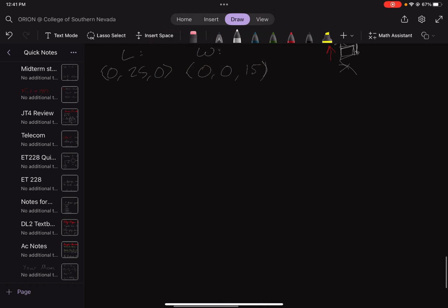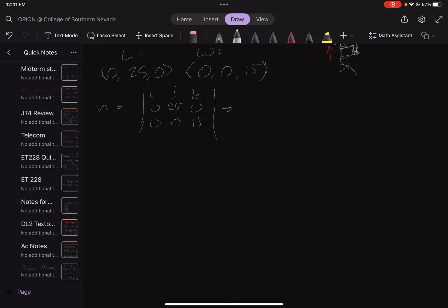We're going to do the same formula from before and find n. So we're just going to do the old ijk for finding the cross product of the vectors.